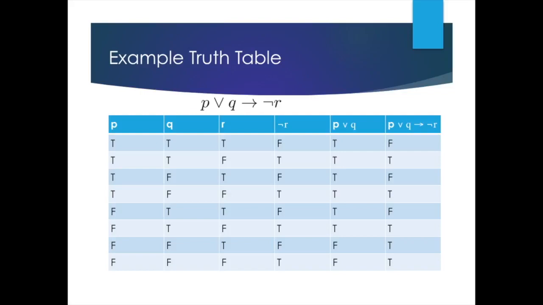False implies false is always true, because the hypothesis is false and the conclusion is false. Not R is the hypothesis, and P or Q is the conclusion. Okay, so a false hypothesis leads to a true implication, so we have now a true result coming from a false hypothesis.